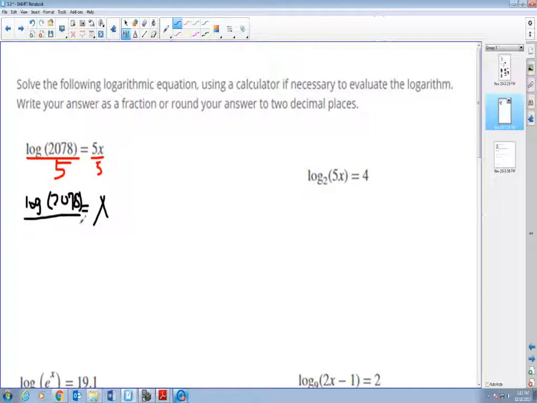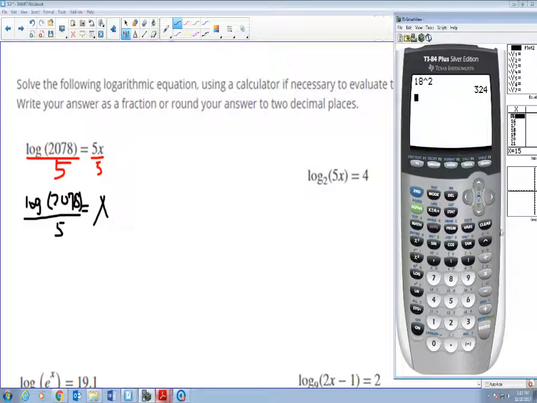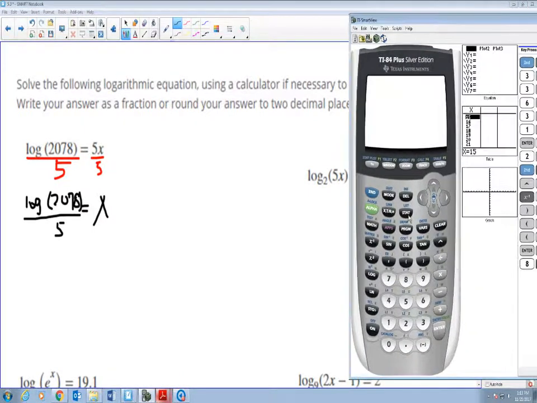Just be careful how we enter this in the calculator, because every time I press the word log, it gave me a parenthesis. So this whole numerator is actually treated as one term. So my 2078 has to be in the parentheses, so don't forget to close it. The calculator will figure out the logarithm first, then divide it by 5.